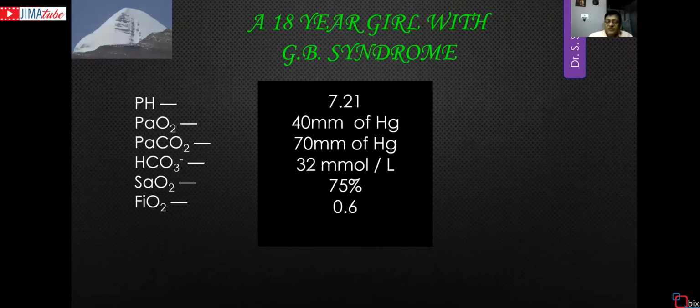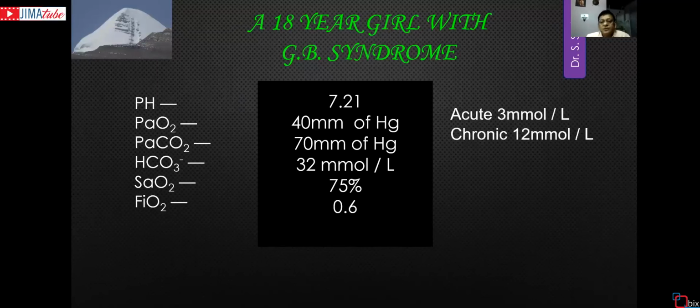What we are expecting in this patient, in case of an acute setup, is a 3 millimole per liter increase in the bicarbonate level. Now, the bicarbonate level is 32, so it is more than that. So if the condition is acute, then there should be respiratory acidosis along with metabolic alkalosis.